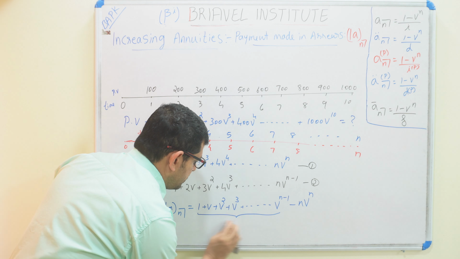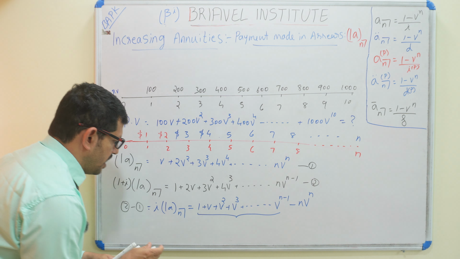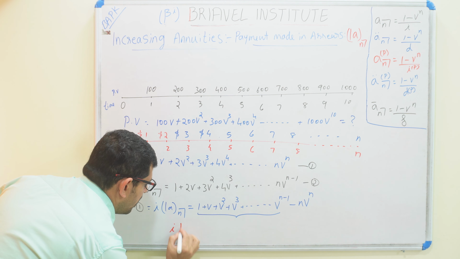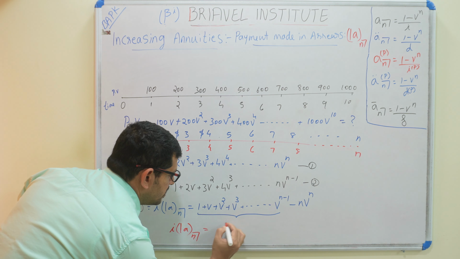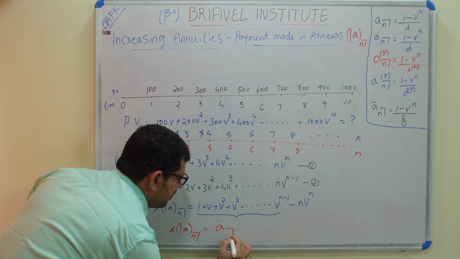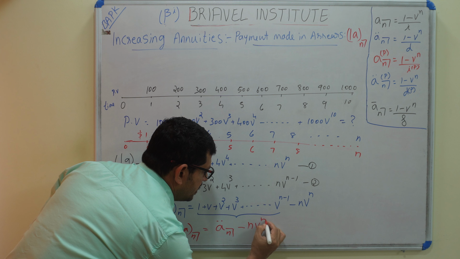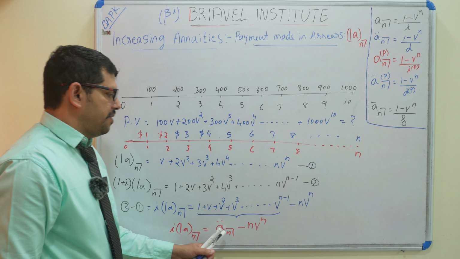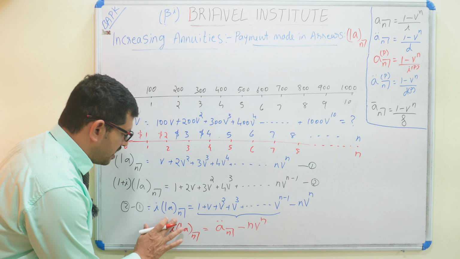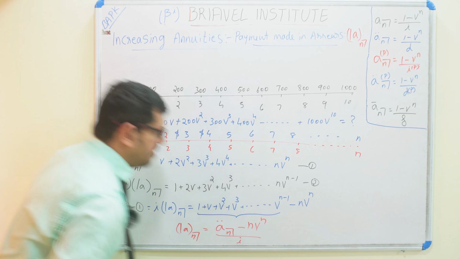So I am writing here, I·ä n is equal to ä n minus n v raised to n. So this is I·ä n equal to ä n minus n v raised to n. I can take it down.